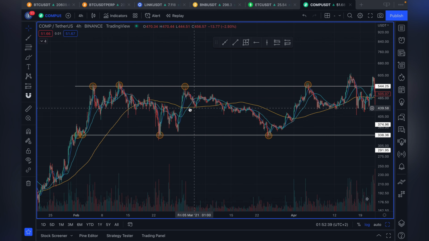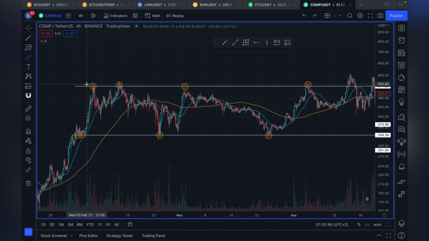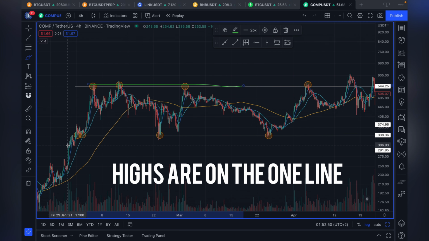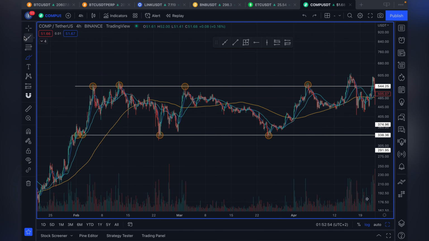Our prices are in a range, and there are no higher highs and lower lows or anything like that. The highs are at the same level, and all the lows are at the same level. So it's a flat, it's a range. There is no particular trend, uptrend or downtrend. So it's a third type, flat.